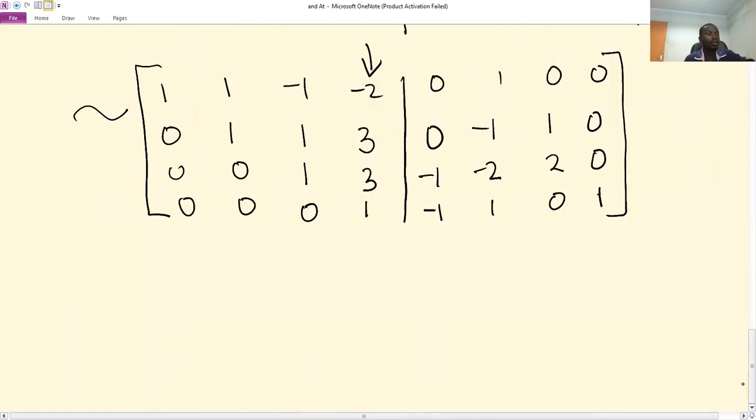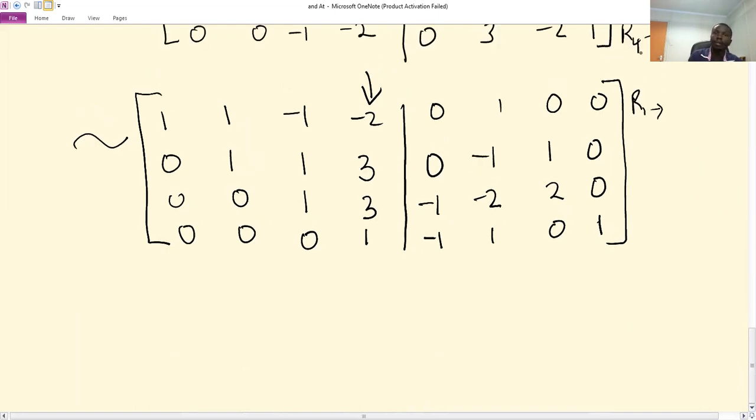Now, at least we have the upper triangular matrix, but we expect these to be 0, 0, 0, 0, 0. So to achieve 0 here, I'll say row 1 becomes row 1 plus twice row 3.